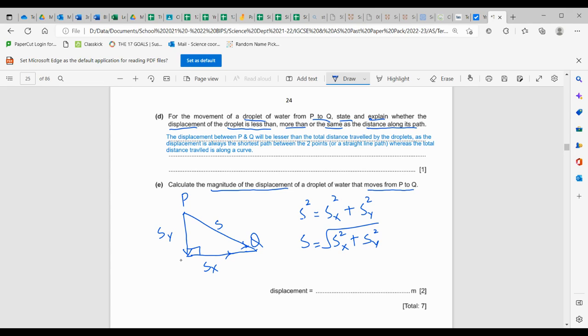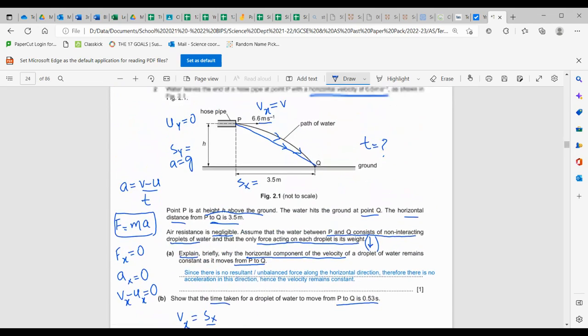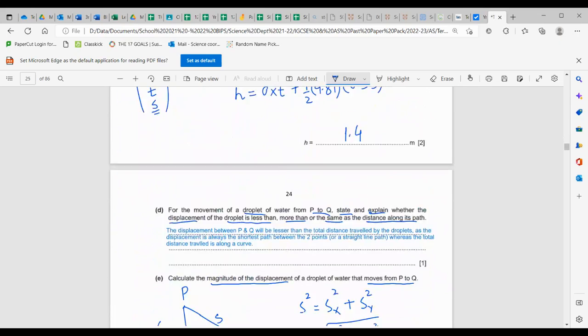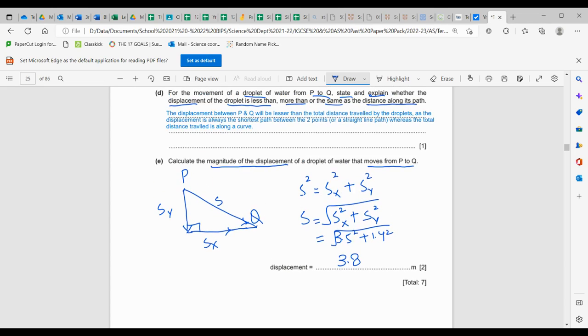So substituting the values, I will end up getting an equation. I will just see the values from here, 3.5 and 1.4. So 3.5 squared plus 1.4 squared under root, and on simplification I end up getting an answer equal to 3.8 meters, which will be the total resultant displacement of the water droplets from P to Q. And that is the end of the question.